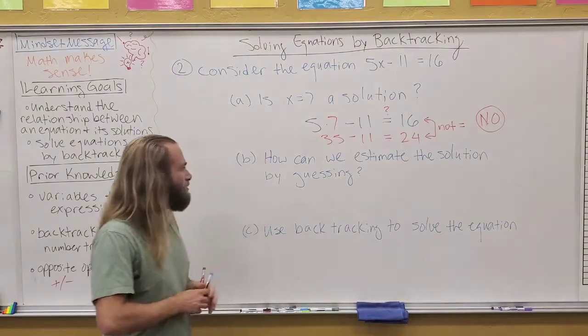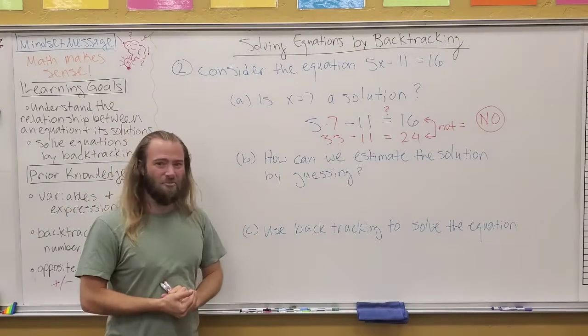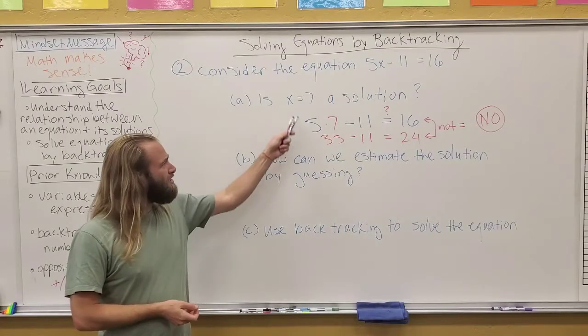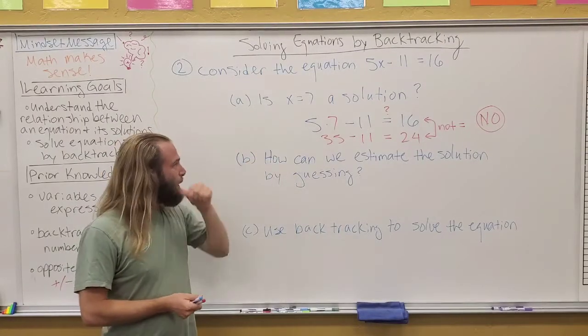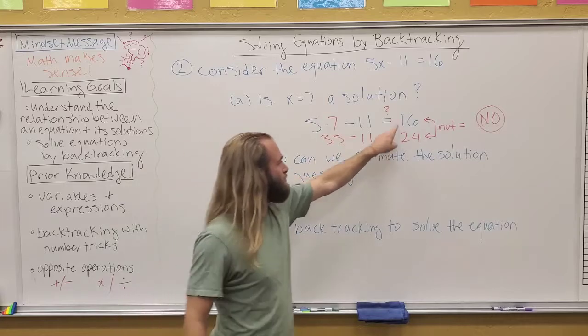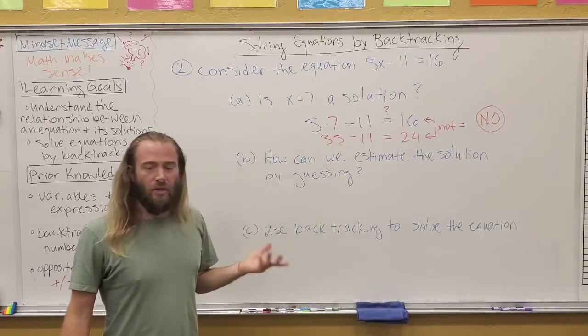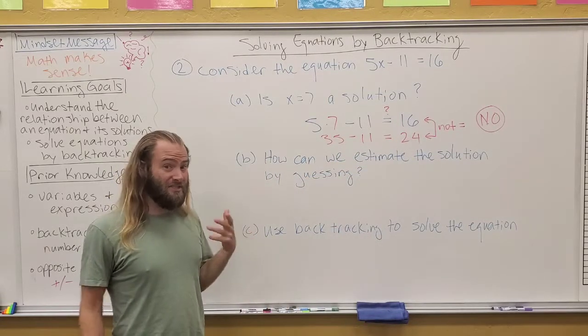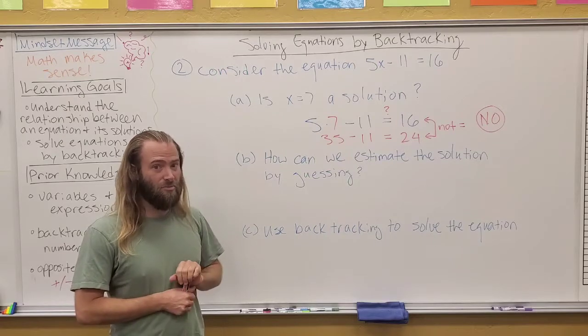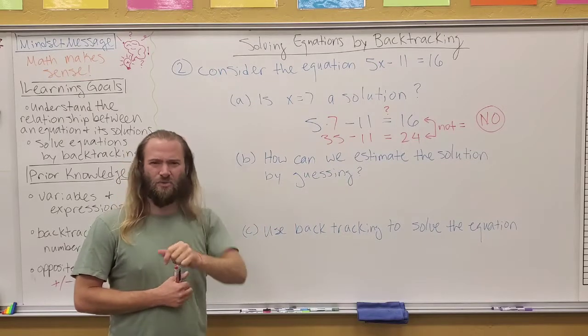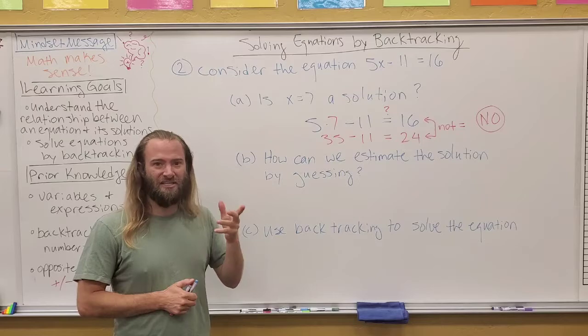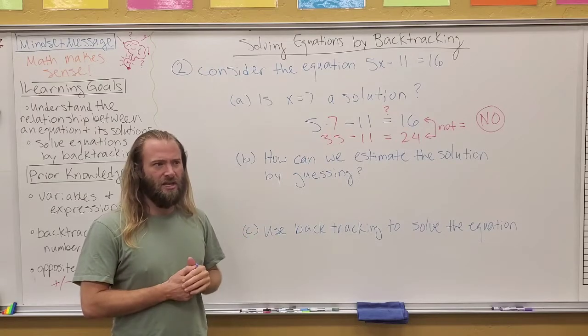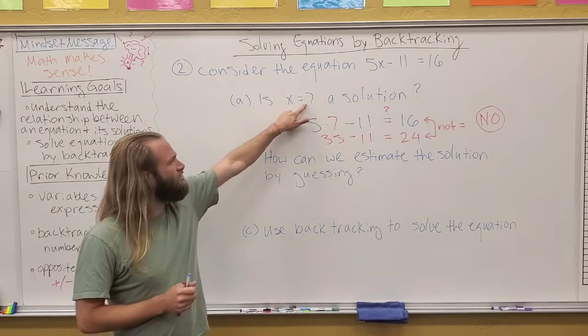So let's move on to part B. How can we estimate the solution by guessing? Well, we've already started with a guess of 7, and 7 ended up with 24, which is a little too high. So it might be a good idea, and this is an important strategy with solving problems: I made a guess, it didn't work. What if I make another guess that's nearby? And you can think, should I adjust this 7?